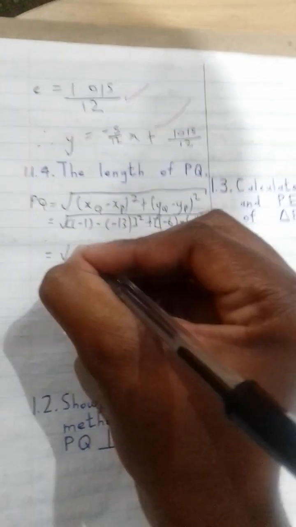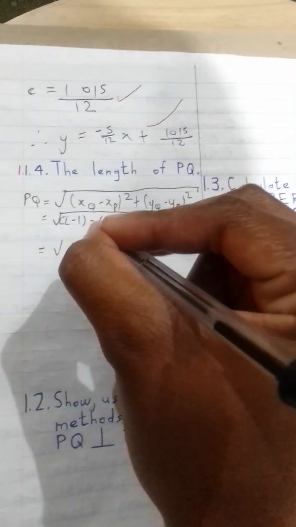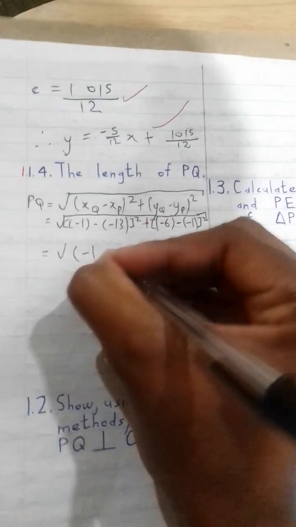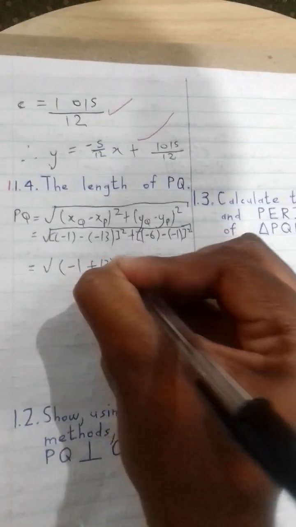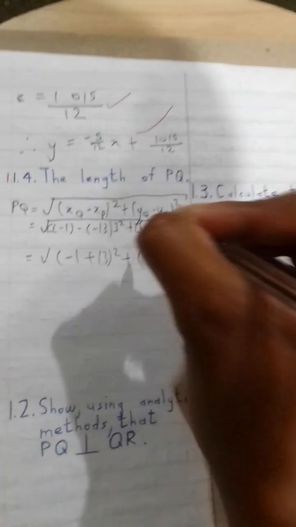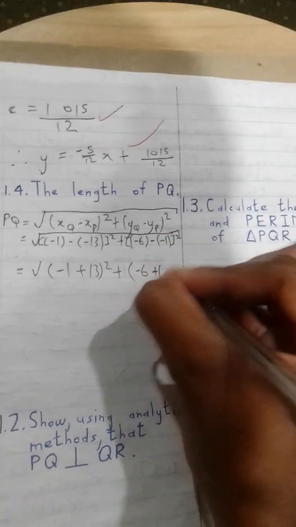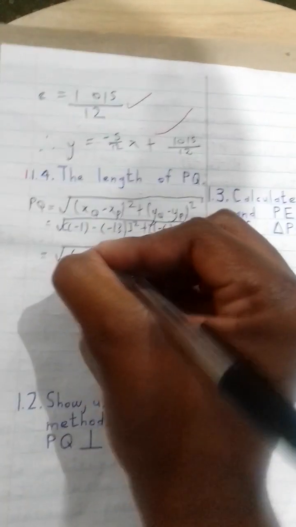So this is going to be negative 1, negative times negative is positive, plus 13 squared, plus negative 6, negative times negative is positive, plus 1 squared.